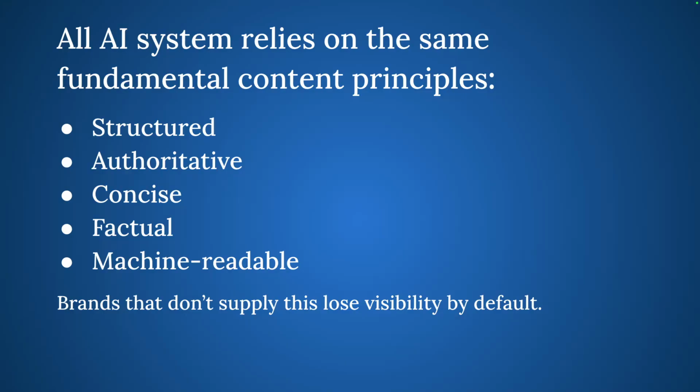You need to be an authority within your categories. You need to be clear, concise, factual. Don't make stuff up. Here, marketing needs to be careful. LLMs don't like emotions.